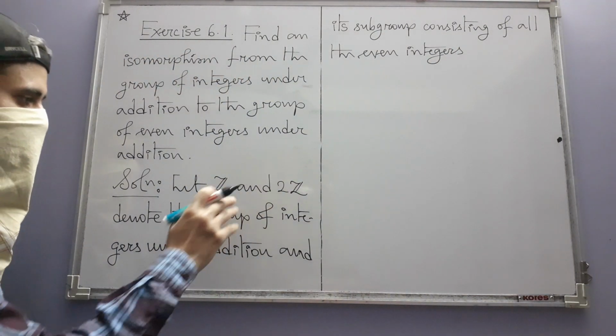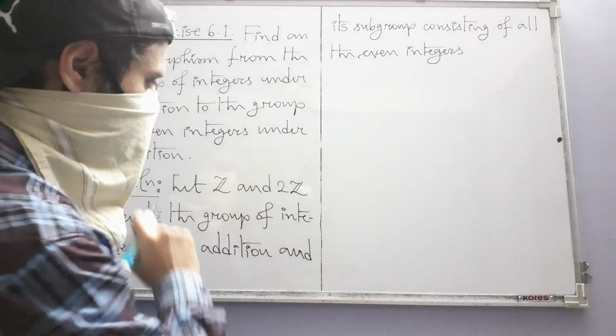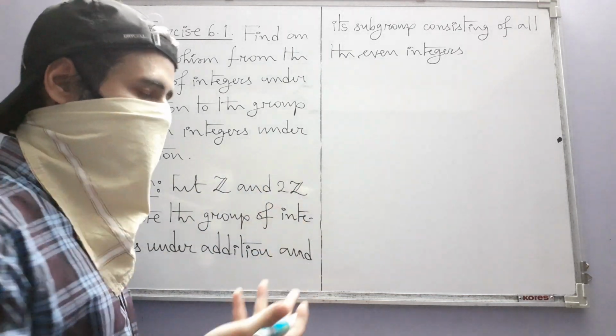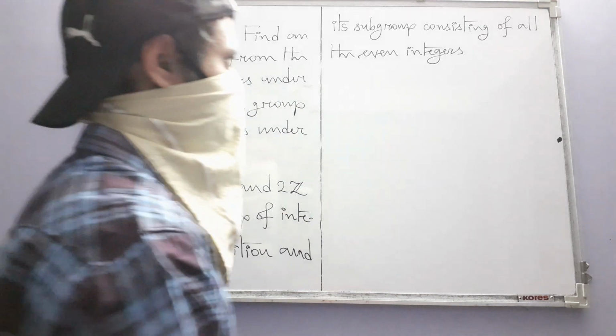Now since we are stating that this is a subgroup of this, automatically this is also a group under addition.